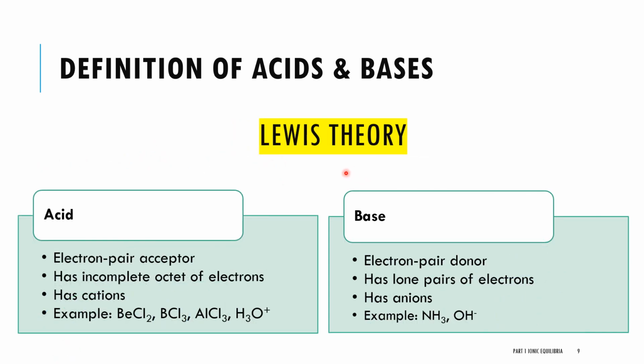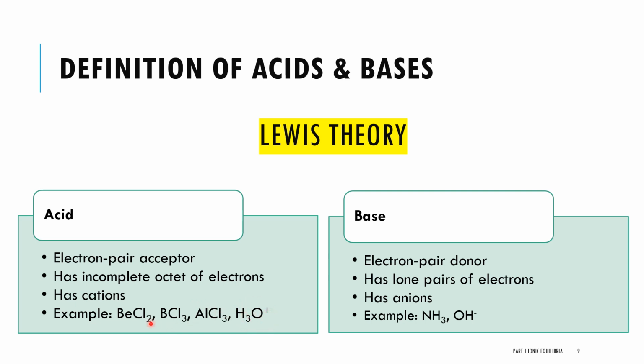The third theory is Lewis theory. According to Lewis theory, acids and bases can be identified based on their criteria. A substance is called an acid if it is an electron pair acceptor, or has an incomplete octet in its molecule, or it is a cation. For example, we have these incomplete octet molecules and this cation.